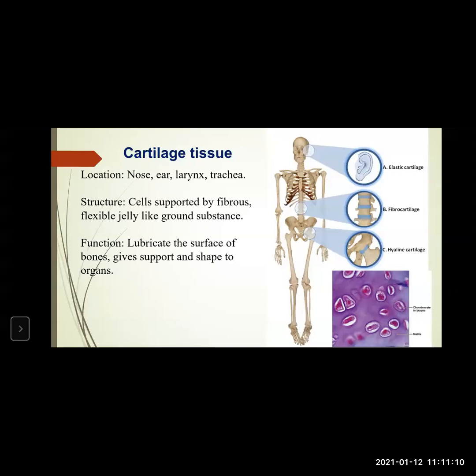Secondly, it gives support to the tissue. And third, it gives shape to the organ. In the case of ears, whatever the shape of your ear pinna, it is due to the cartilage present within the ear pinna. Similarly, at the tip of the nose, cartilage tissue is also present.